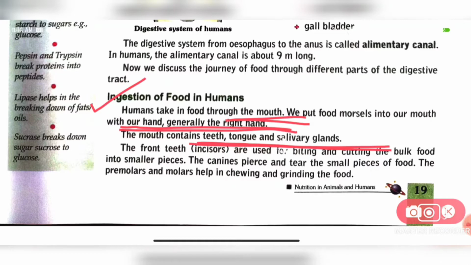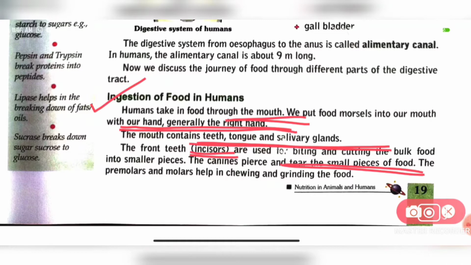So what is the function of teeth? The front teeth, which are called incisors, are used to cut or bite the food into smaller pieces. একটা বড় পিস থেকে ছোট পিসে কাটতে বা কামড়াতে সাহায্য করে. The canines tear the small pieces of food, যেটা ছেঁড়ার কাজে ইউজ করা হয়.